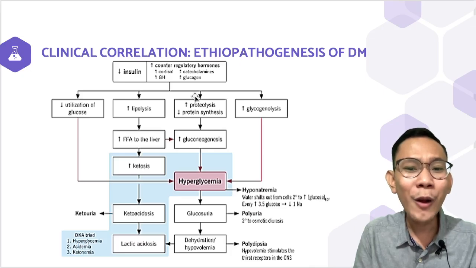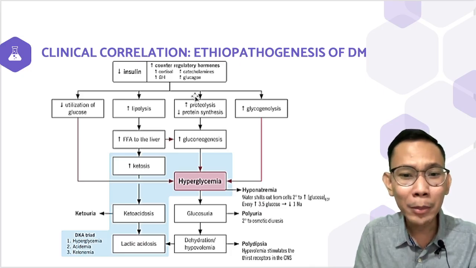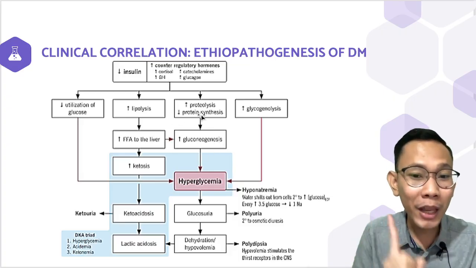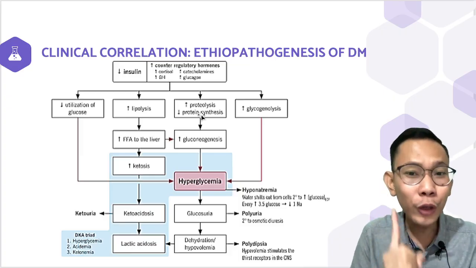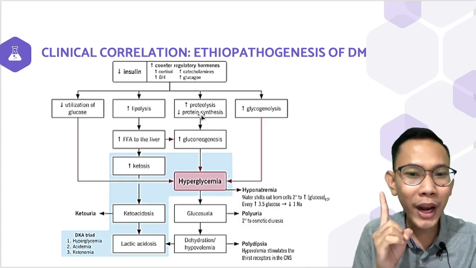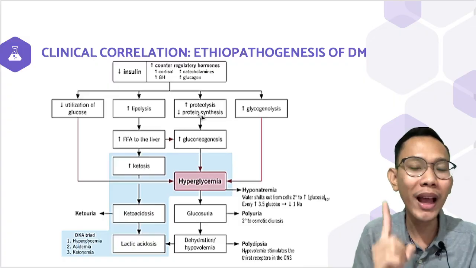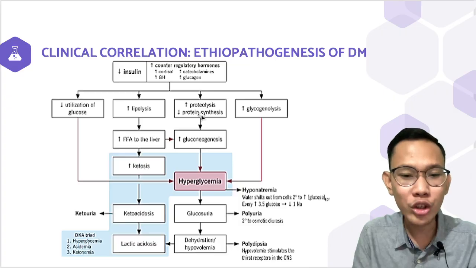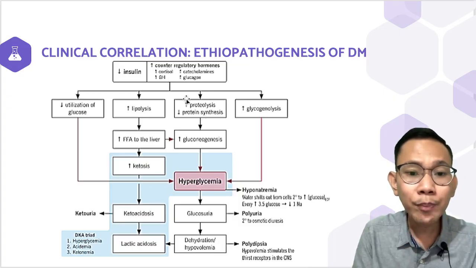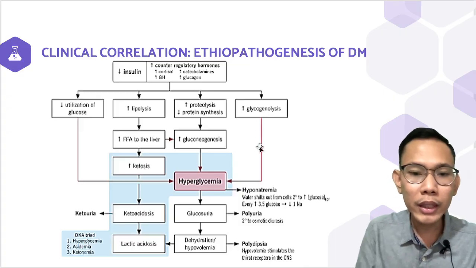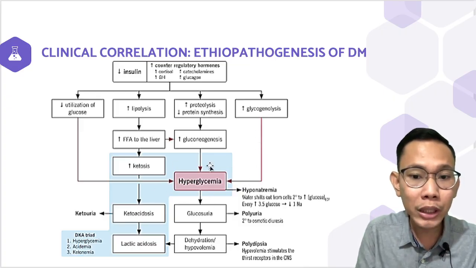Nagkakaroon tayo ng weight loss ng ating patient because this will lead to increased gluconeogenesis, formation of your glucose from a non-carbohydrate source, including your amino acid which is protein. Kaya nagkakaroon tayo ng weight loss sa ating patient. All of these factors will lead to hyperglycemia.